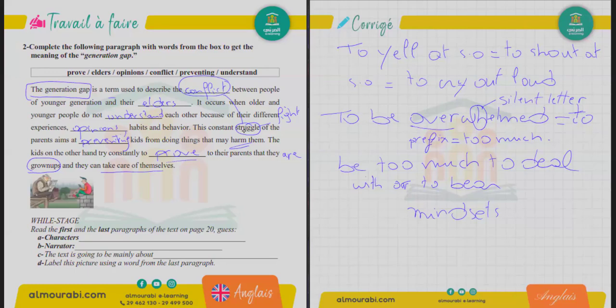Take your book, please. Our book in front of us. Justement, page 20. You have a text that is entitled I am really overwhelmed. I will give you 3 minutes maximum to read. You just need to read quickly, quick reading.